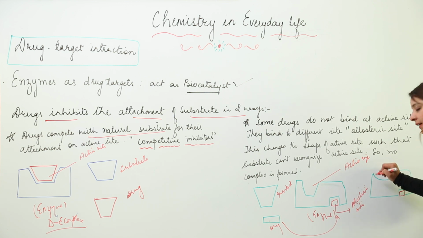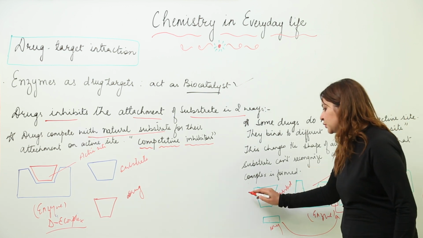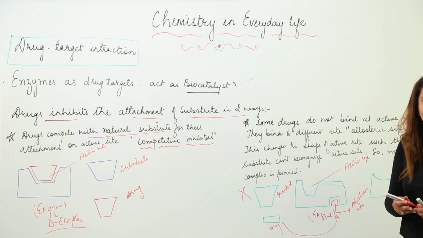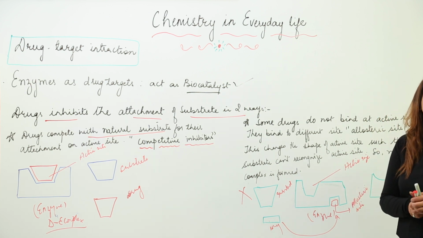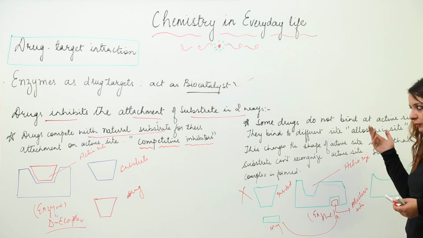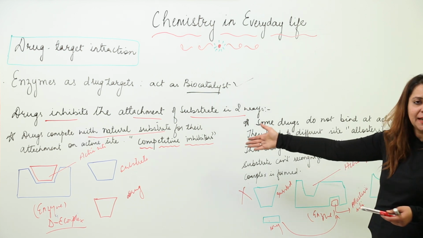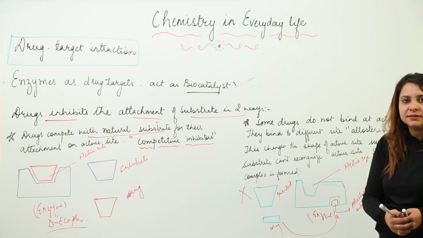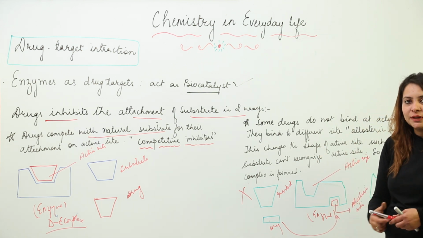Now in this given shape, you know that this substrate can't bind, and the substrate cannot even recognize the active site. So there again, the enzyme substrate complex is not formed and the activity of the enzyme is inhibited. So if you get a question like this, you are going to say that either they can act as competitive inhibitors, in which the drug has the same shape as the substrate and is competing with the substrate.